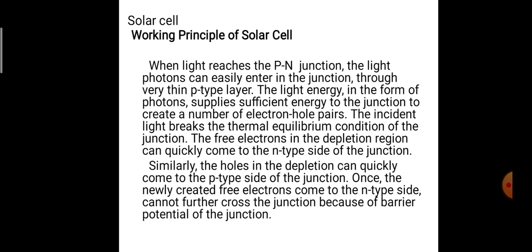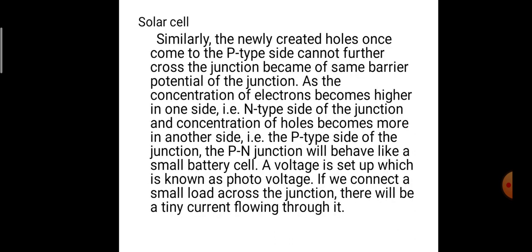Once newly created free electrons come to the N type side, they cannot further cross the junction because of the barrier potential of the junction. Similarly, the newly created holes, once they come to the p type side, cannot further cross the junction because of the same barrier potential.